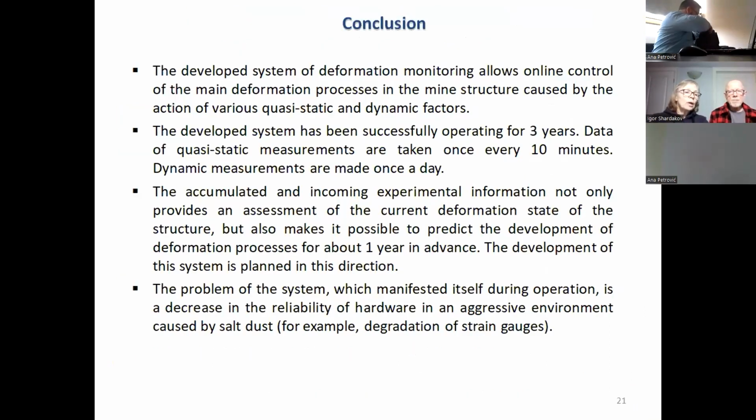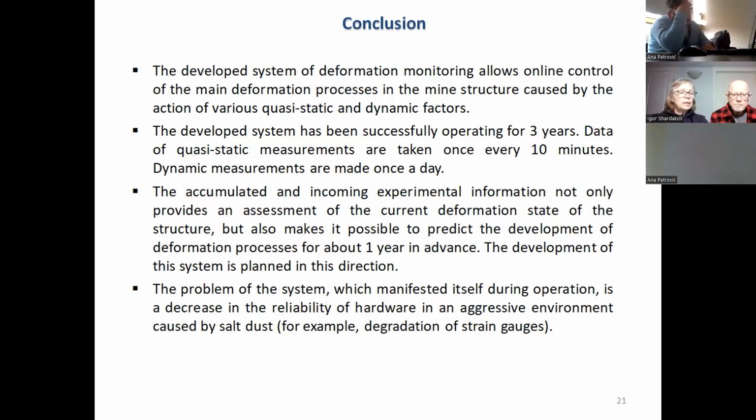In conclusion, I would like to point out the following. The developed monitoring system allows online control of the deformation processes in the metal high-rise structure caused by the action of different quasi-static and dynamic factors. This monitoring system has been successfully operating for 3 years.